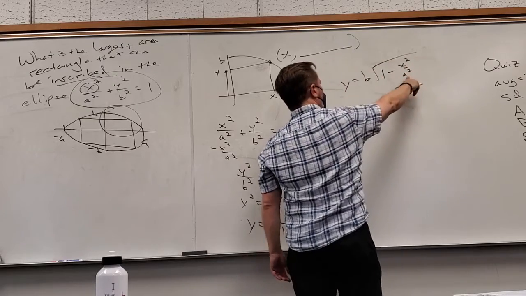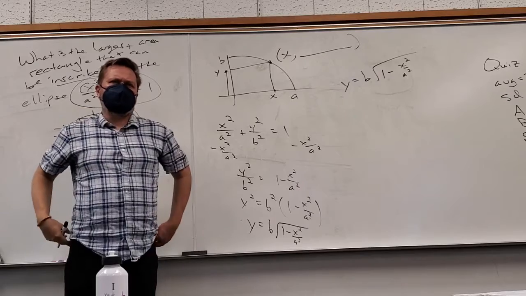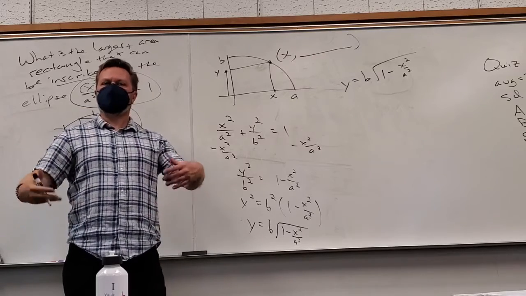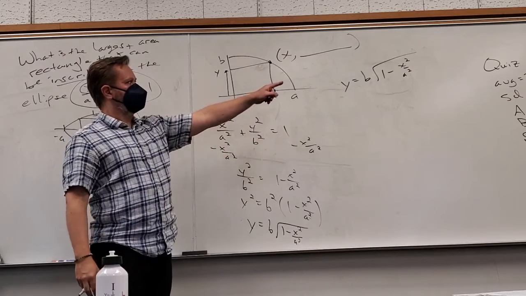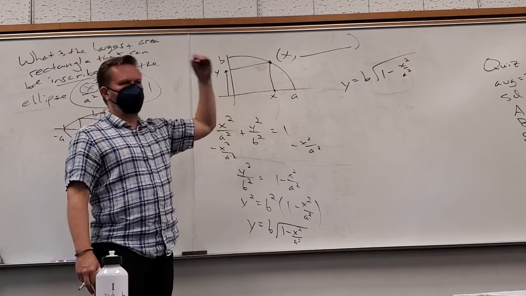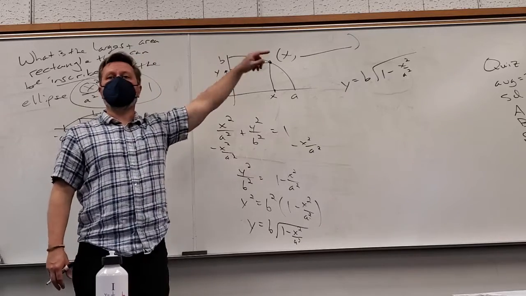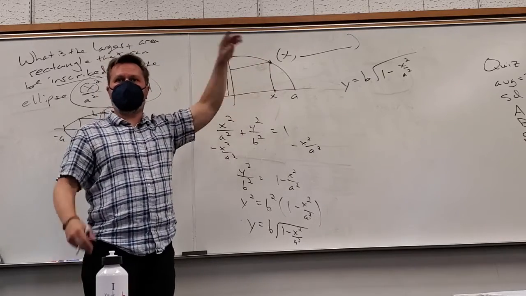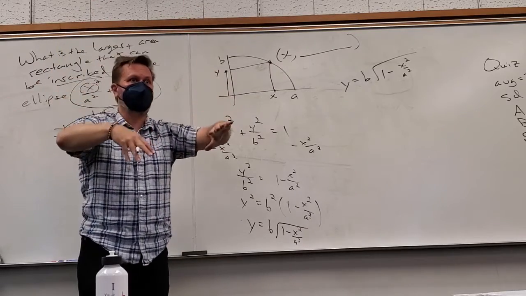Can I take out a over a squared? I think this is one thing you guys are just not used to working with. You're not as comfortable as you should be. See how I don't like that internal fraction? What am I going to eventually have to do with this thing? Isn't it going to be a piece of something I have to take the derivative of? Aren't we eventually going to want to find critical numbers?